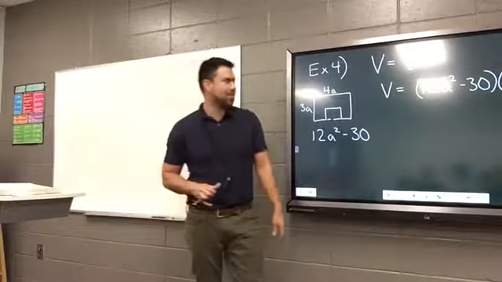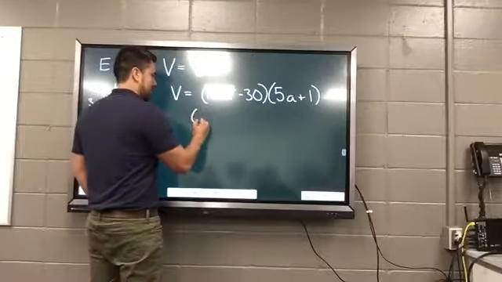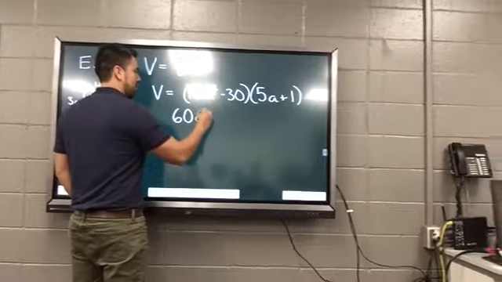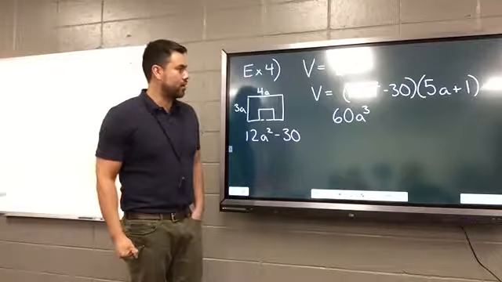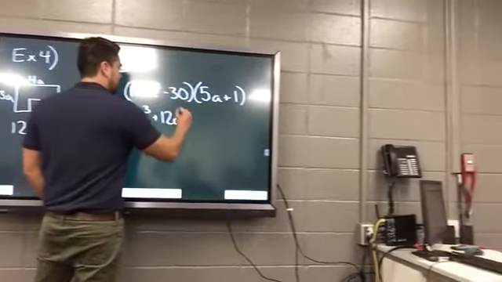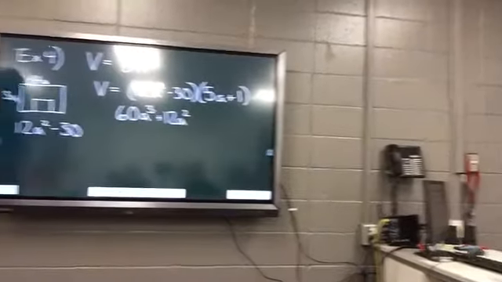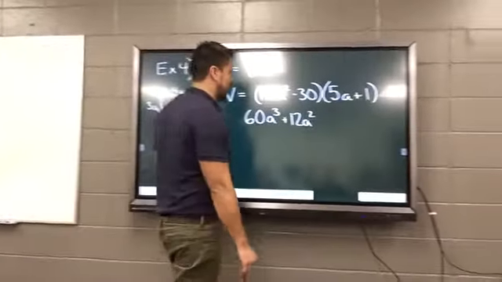Okay, Ellie, what's 12a squared times 5a? 60a cubed. Lizzie, what's 12a squared times 1? 12a squared. Walker, what's negative 30 times 5a?